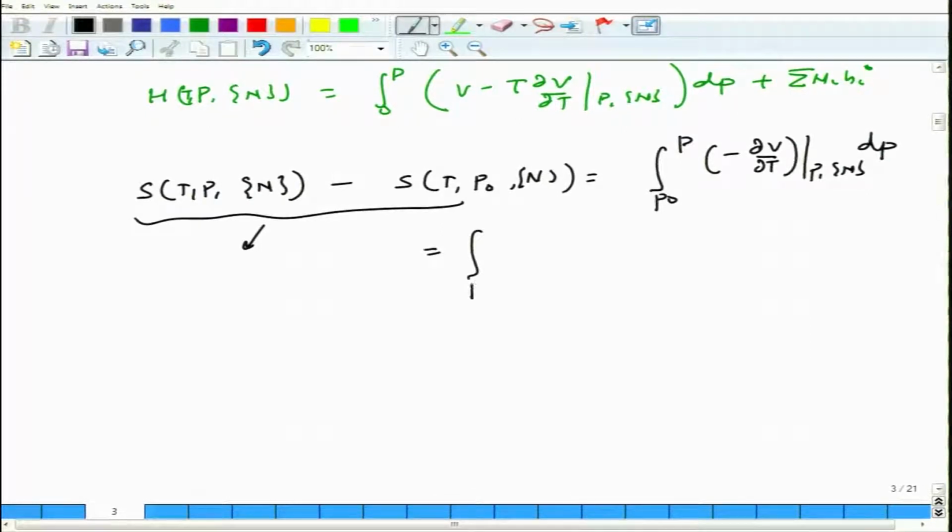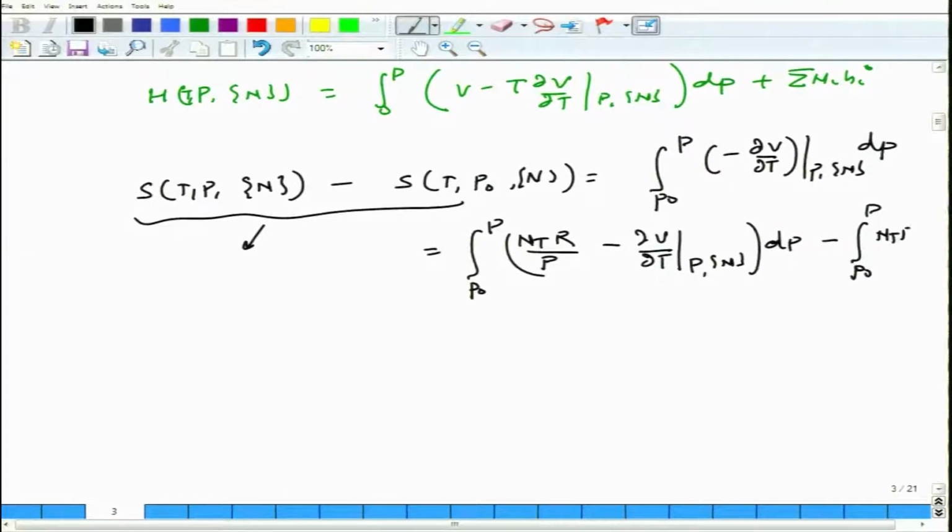I am going to play with the term such that I insert NR by P minus del V by del T at P, dP, and then since we have added this, we are going to subtract this term. The reason we have done this is because this term corresponds to the ideal gas, and let me write that.